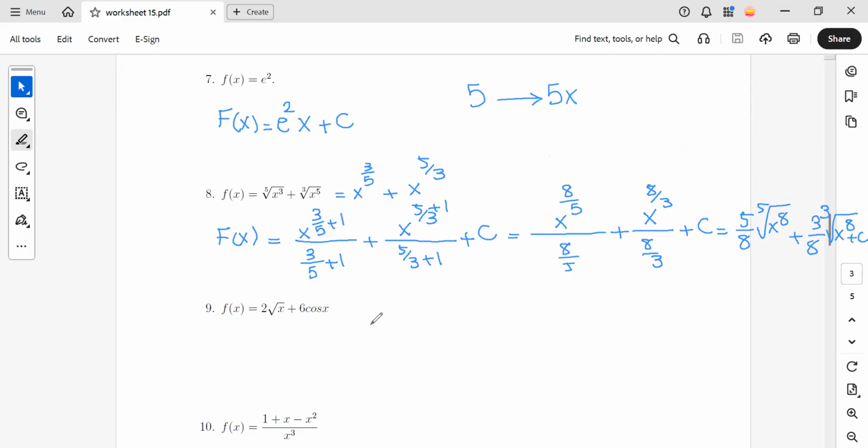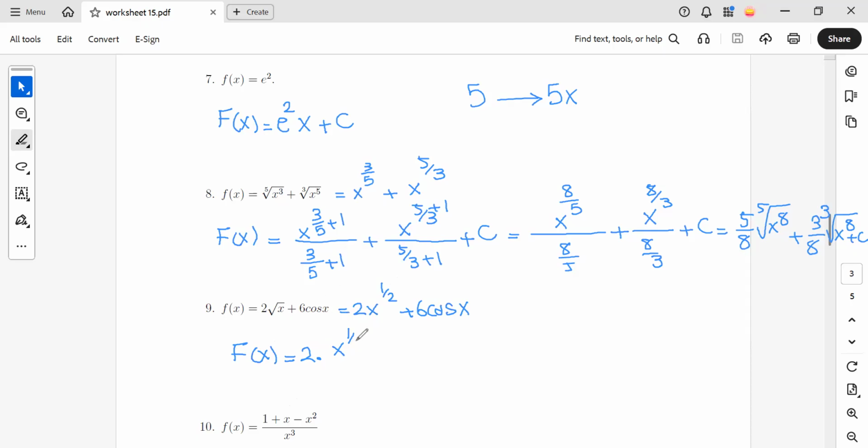Number 9. We know that square root of x is the same as power 1 over 2. So we would write it this way and then find antiderivative by keeping the coefficient here. The power will be added.